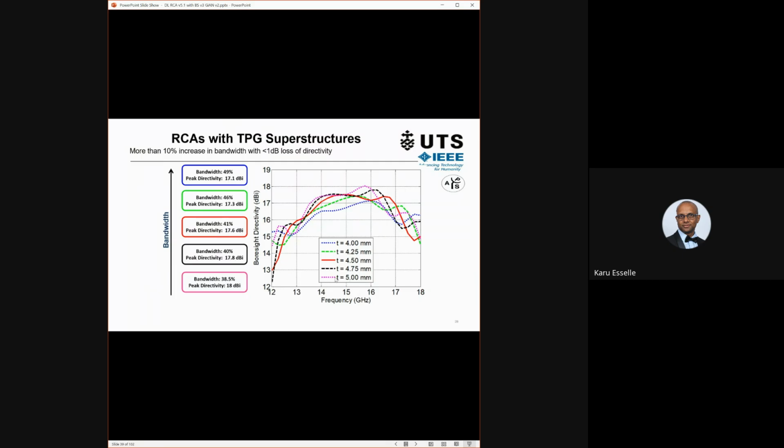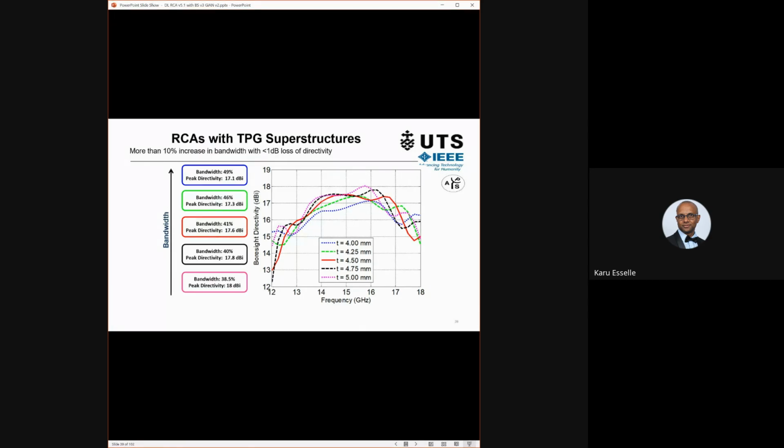At the other end, the thickest one, 5 millimeter, got about 39% bandwidth and 18 dBi peak directivity. So there's some compromise you can make.